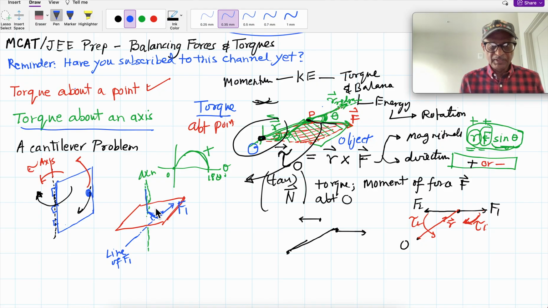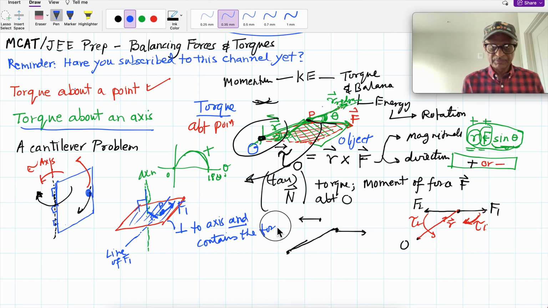Not where the force is acting around P, but if you draw in the plane which is perpendicular to the axis and contains the force, then you draw a line for this, and then draw 90 degrees to that line.